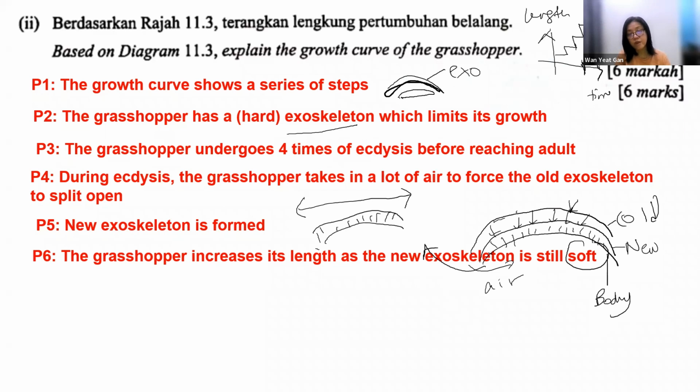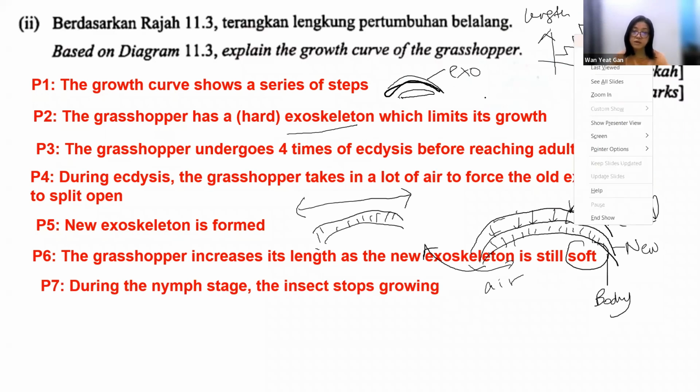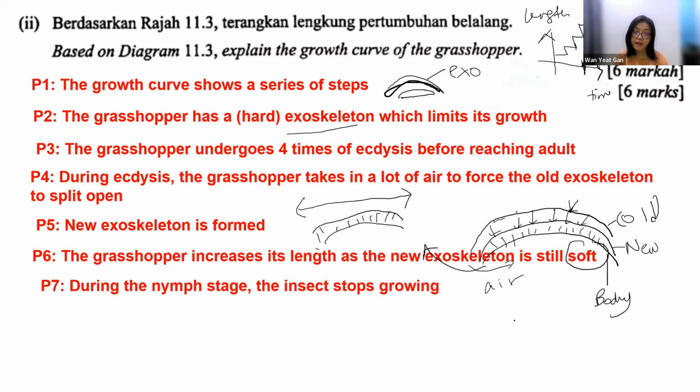So let's say within this 1 day, the length has increased from here to here. Okay, so as it takes in air, this is the ecdysis. So within that same day, the length increases. So maybe you measure a sudden length increase before the new exoskeleton becomes hardened. They quickly expand their body.